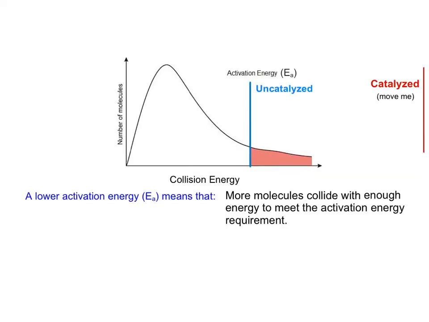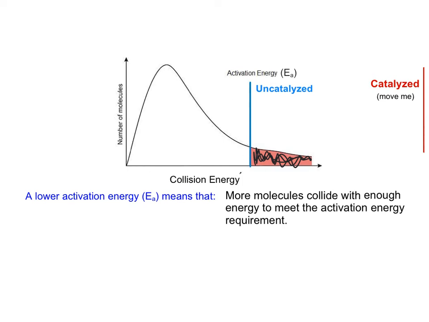So if we were to look at the average amount of energy in all of these molecules, what we would say is at a normal rate, with an uncatalyzed reaction, not only do they have to collide correctly, but they have to have something above that total amount of energy in order to react. So all of these molecules that you see here might collide in the right way, but they don't have enough energy to actually overcome that hill and react.